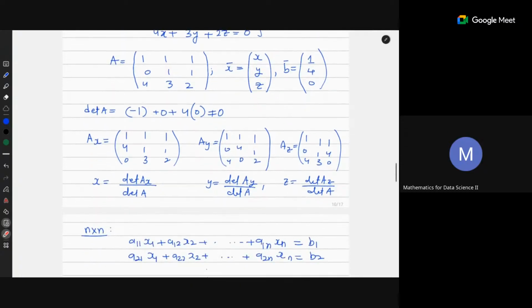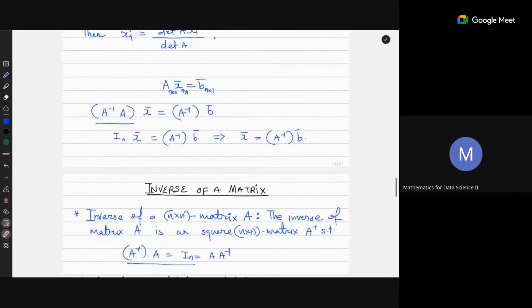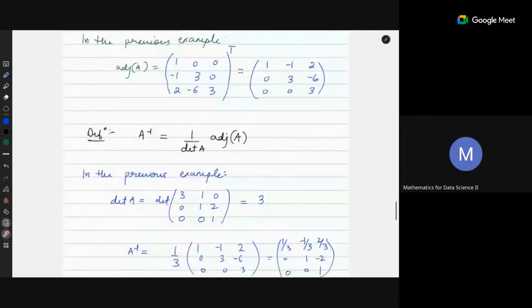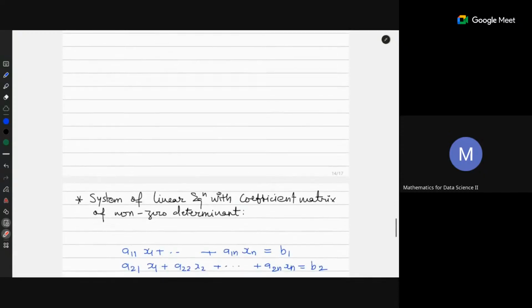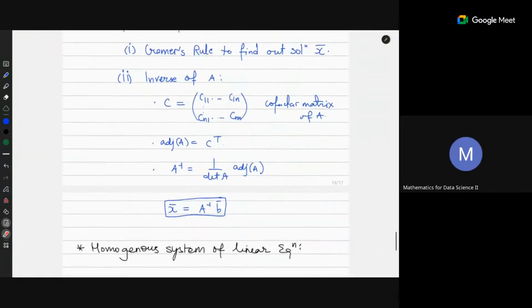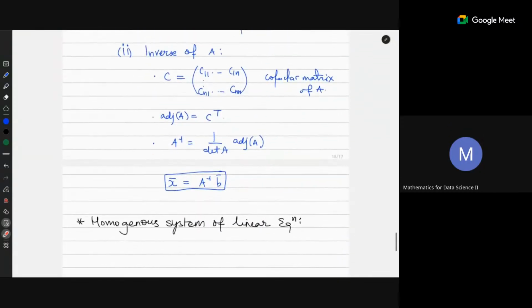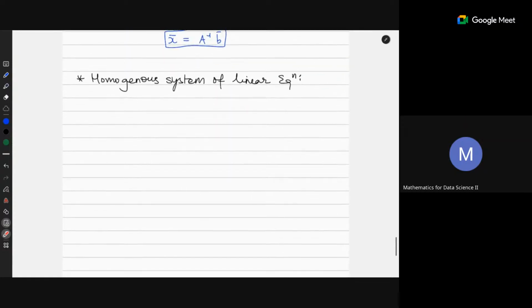Right. So now let me take this same example of a system of equations and work out the solution using the inverse method.